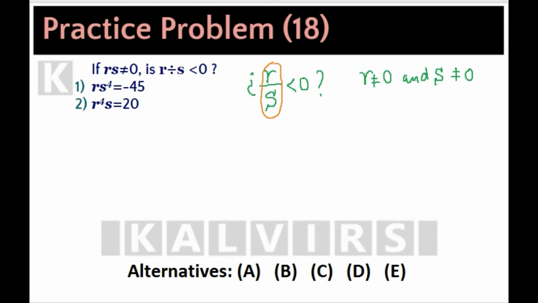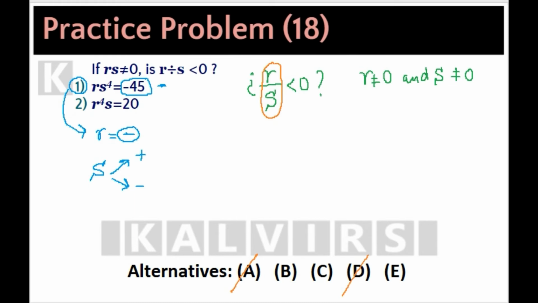So from statement 1, r times s to the 4th power is a negative number. Therefore, r must be a negative number. However, we don't know anything about s. s might be either positive or negative. So statement 1 alone is not sufficient. Alternatives A and D are eliminated.